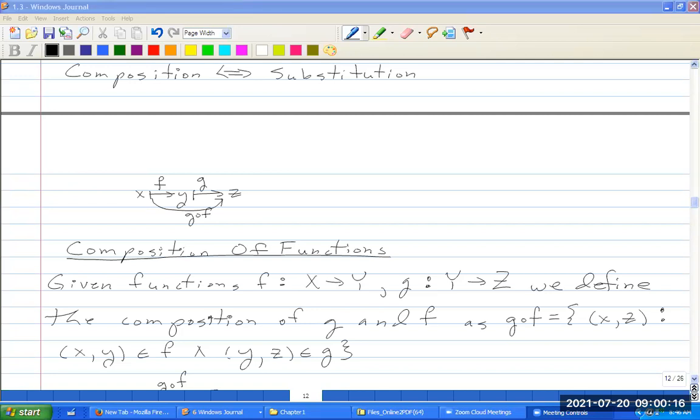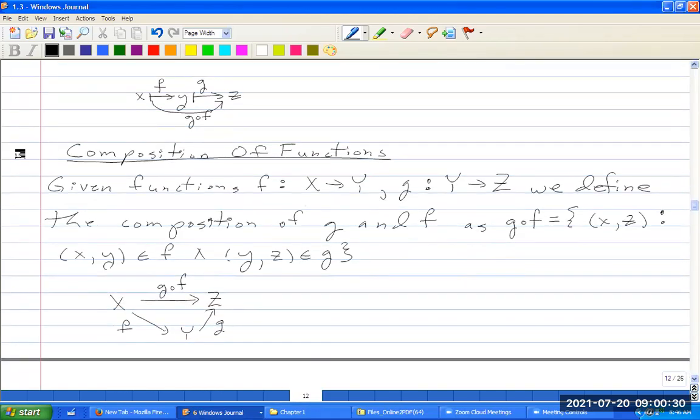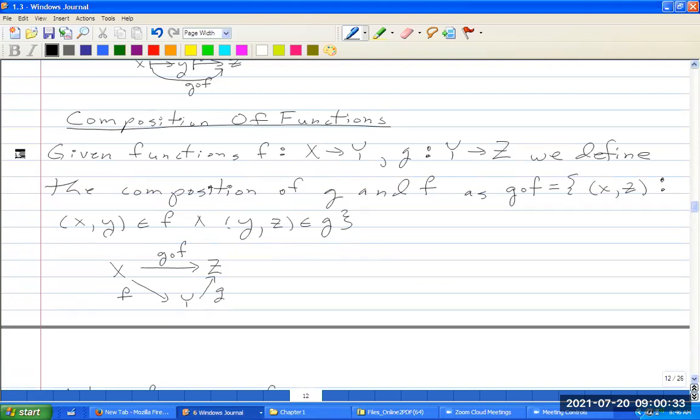Okay, so let me discuss composition. Again, composition really is just substitution. So the composition of functions: given a function f from the set X into the set Y, and a function g from the set Y into the set Z, we define the composition of g and f as follows.